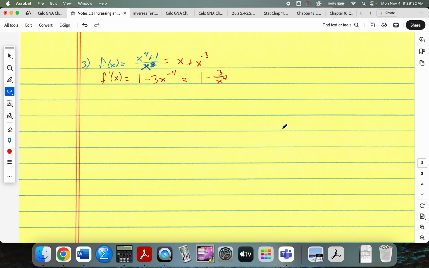I do like to have a common denominator for this. I find that it makes things easier. So this is going to be x to the fourth minus 3 over x to the fourth. So where does f prime not exist? At x equals 0.